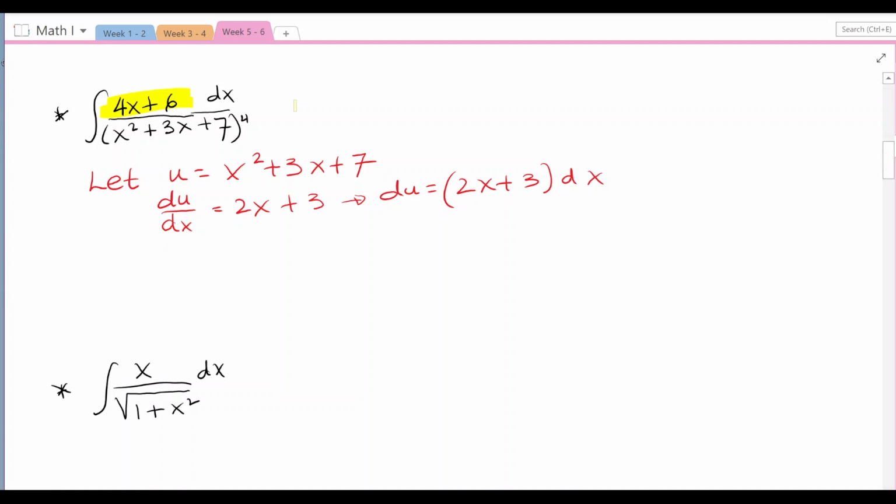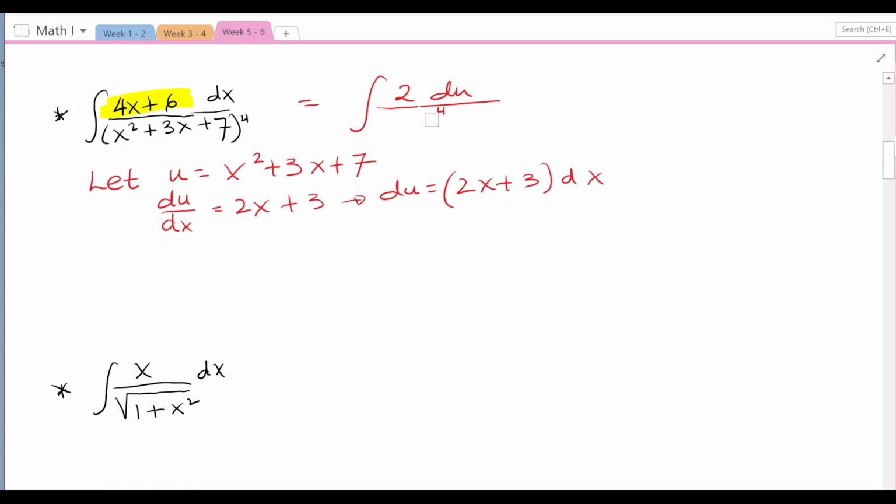So we can start answering the question: it becomes 2 times du, taking the 2 out, over u raised to the power of 4.